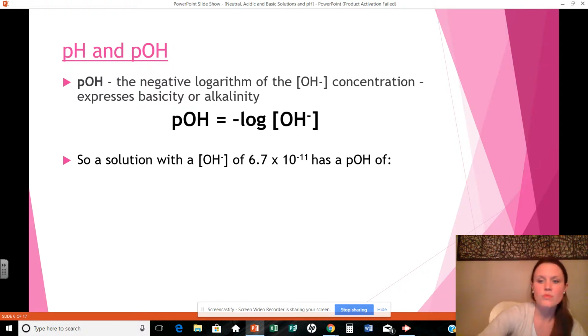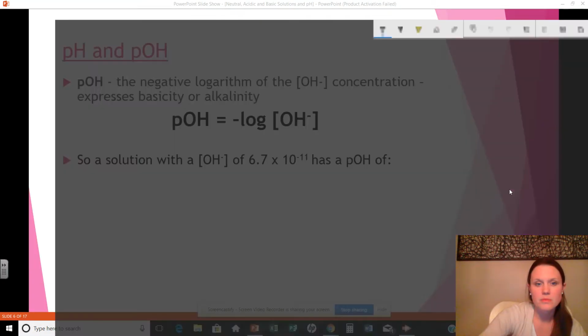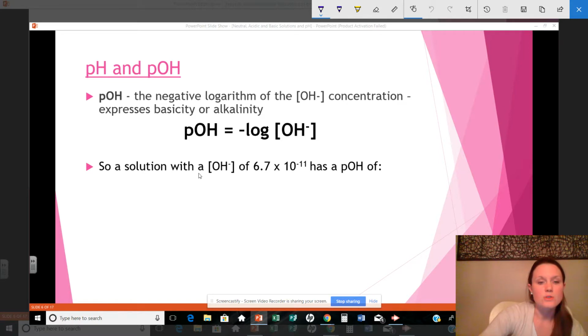So let's go ahead and do another quick example problem here. It says a solution with a hydroxide concentration of 6.7 times 10 to the negative 11th has a pOH of... So here you're going to plug your hydroxide concentration into your formula.